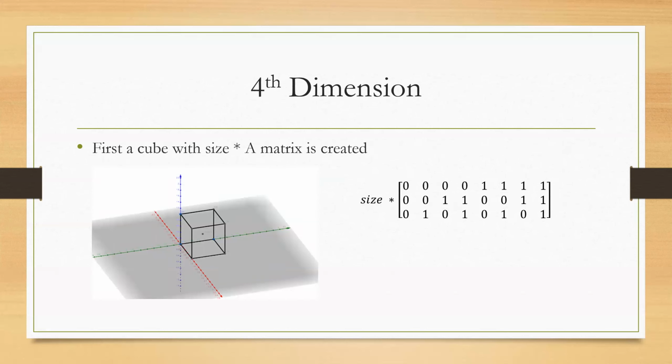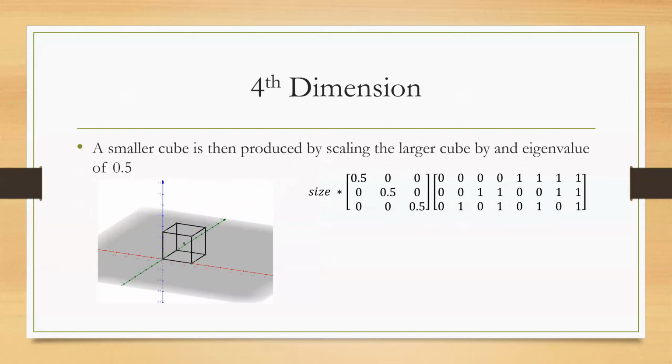To begin the creation of a tesseract, a cube with a specified size must be created. As seen to the left, the size is used as an eigenvalue to increase or decrease the cube shape matrix. The smaller cube is then produced by utilizing either a scaling matrix or eigenvalue to scale down the larger cube.